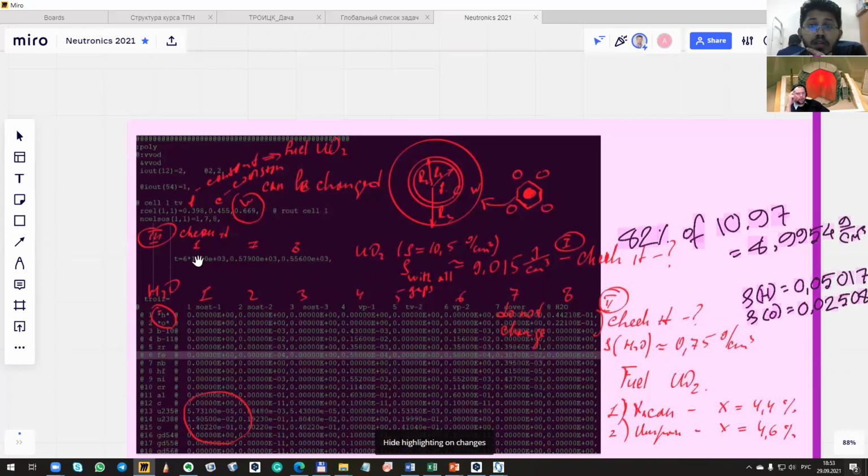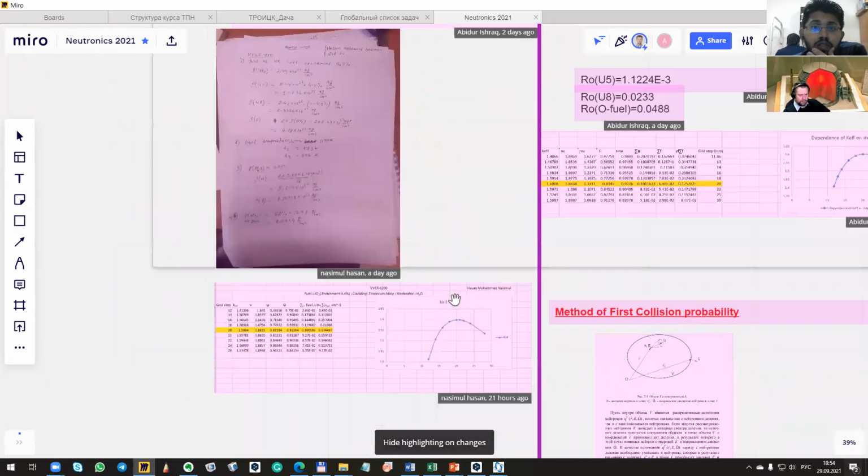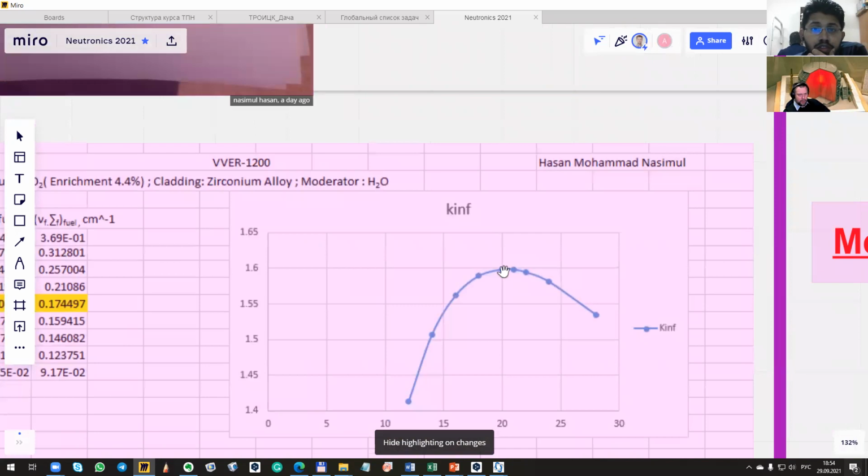Actually, there is an optimum in the ratio of moderator and fuel, but as usual the core is undermoderated, so it's a bit shifted to the left, not over but under moderated. It's not usually at the optimum point.